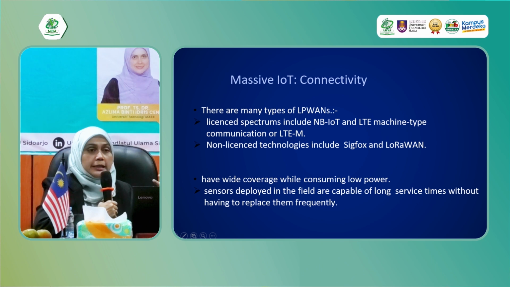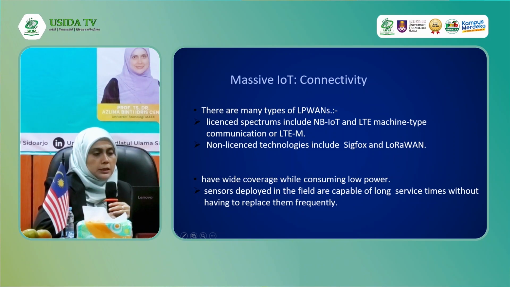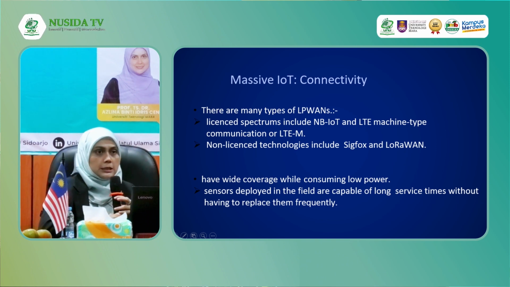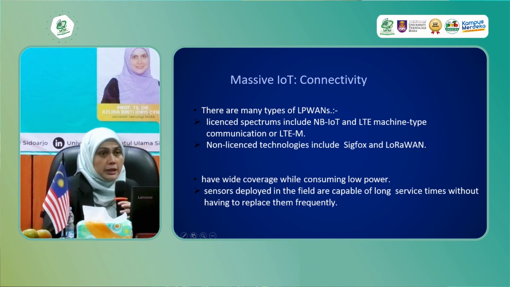So this one needs a license from the government. And then non-licensed technologies include Sigfox and LoRaWAN. So this one there is no need to apply to the government. We just only need to buy the license. But for narrowband IoT and LTE machine type communication, we need to apply for it from the government.